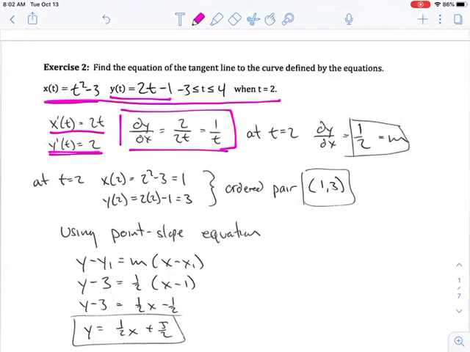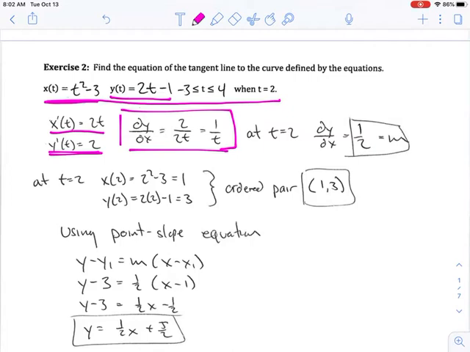That's the derivative of y with respect to x. In order to find the equation of the tangent line, we need the slope of that tangent line. The first derivative is the slope, but we need our equation to be in terms of y's and x's, not in terms of the parameter.